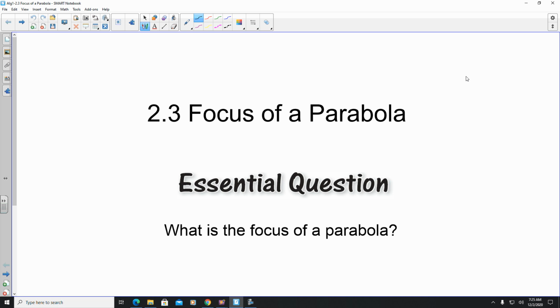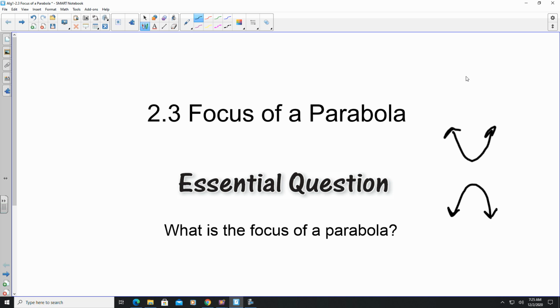So, up to this point, when we are graphing a quadratic function or a parabola, we have exclusively looked at parabolas that either go up or down. So we either have parabolas that have a right side up U shape or an upside down U shape.